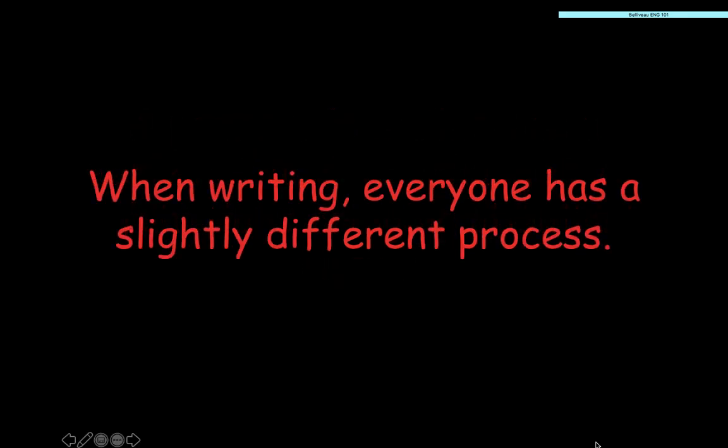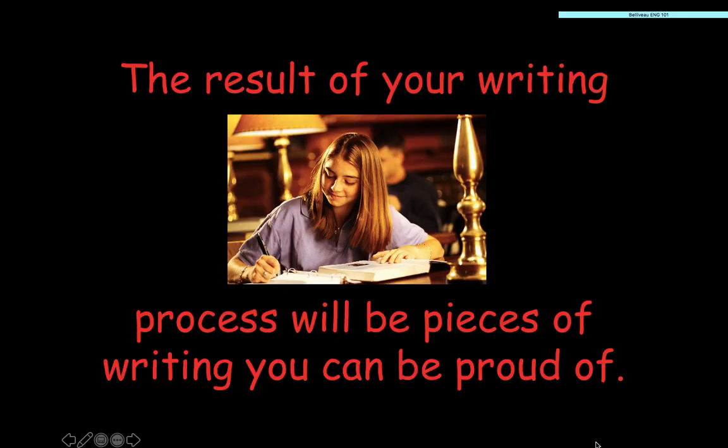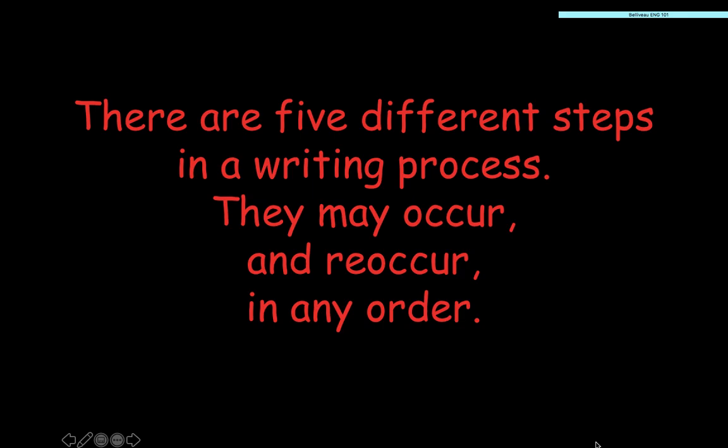And when writing, everyone has a slightly different process. And I'm hoping that the result of your writing process will be pieces of writing you can be proud of. There are 5 different steps in a writing process, and they may occur and reoccur in any order. Notice here I said a writing process, not the writing process.